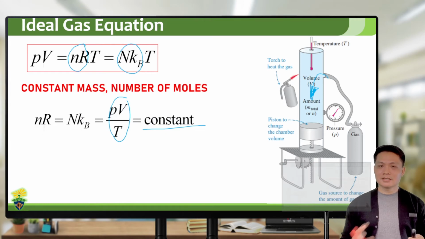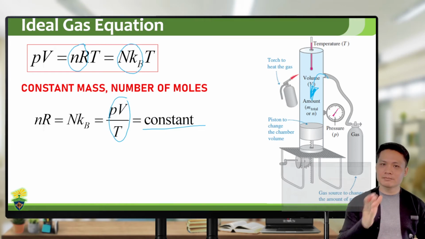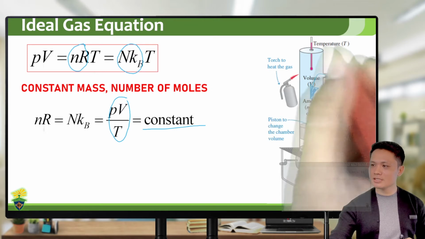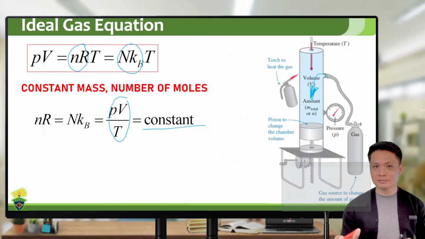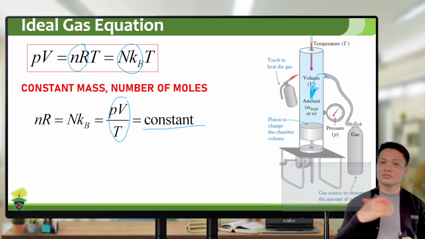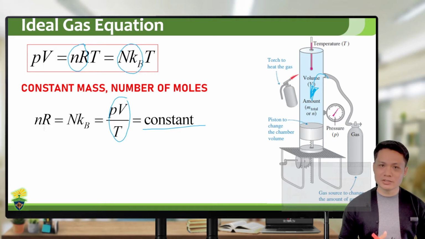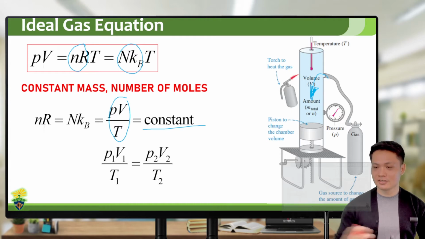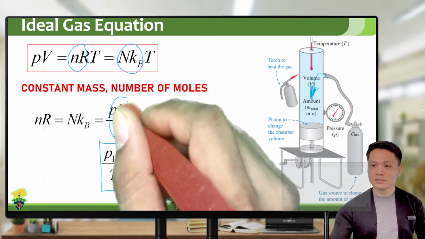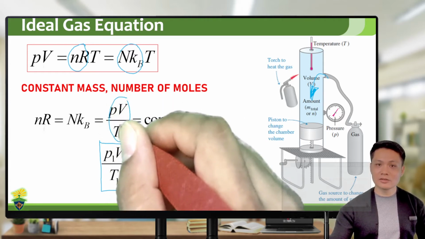Meaning, at any given time, from the moment we introduce this gas inside the container, this amount of gas will remain the same. And if we are to change one of these parameters, one of these state variables, there should be a change in the other state variable, thereby giving us a simpler form of the ideal gas law, by which the ratio PV over T is always constant.